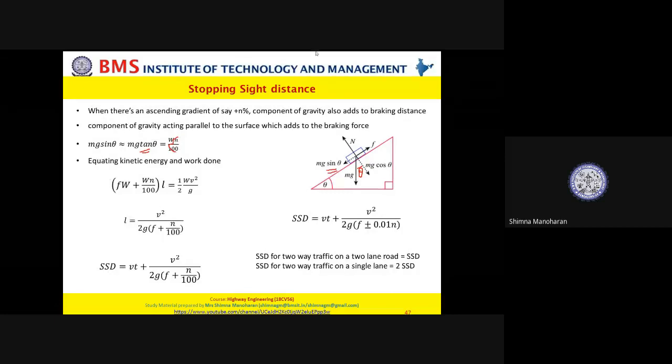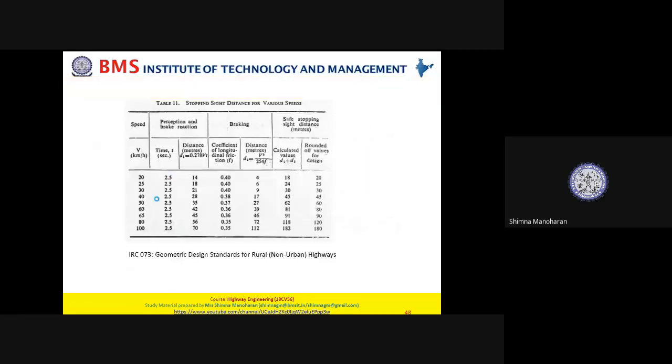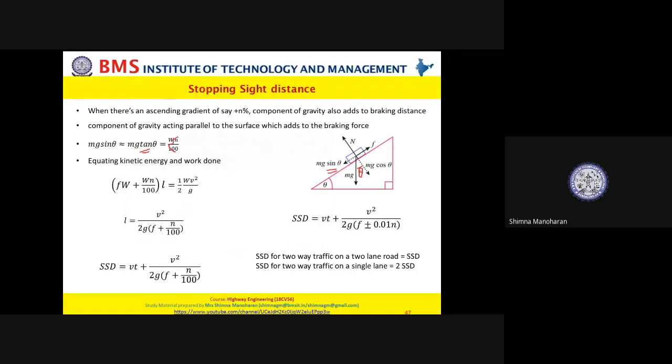So is this clear? mg sin theta is the component that is parallel to the frictional force and parallel to the surface, which will be adding to the braking force.